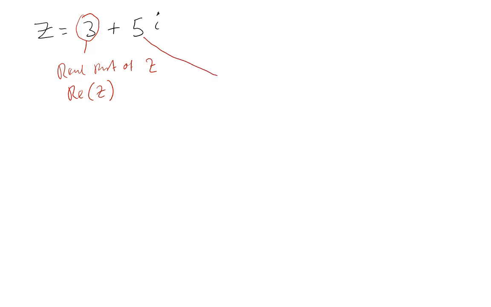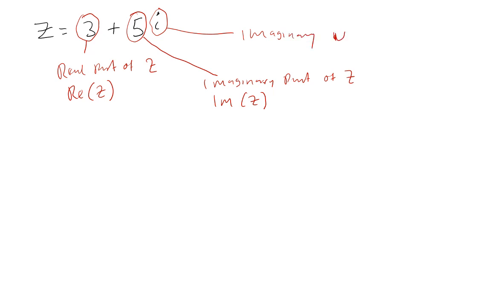And this 5 is called the imaginary part of z, and it is denoted by Im of z. And this I is called the imaginary unit, and it is equal to square root of minus 1.